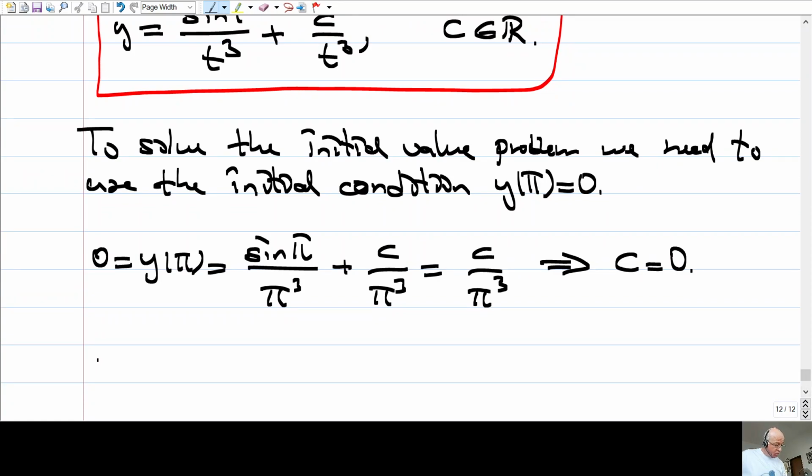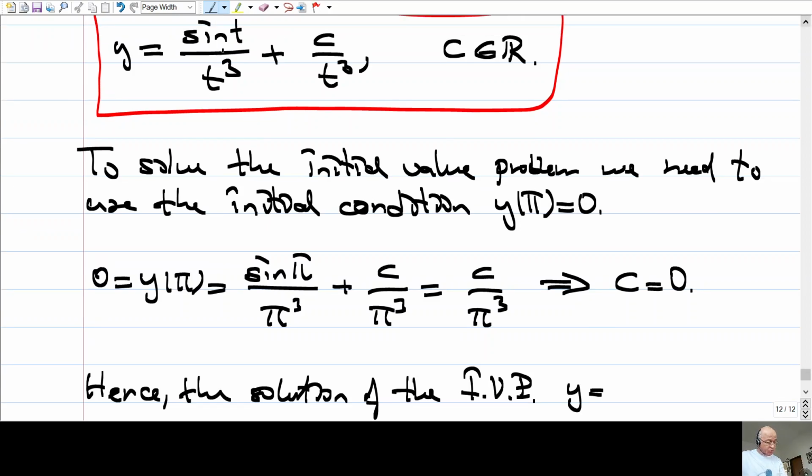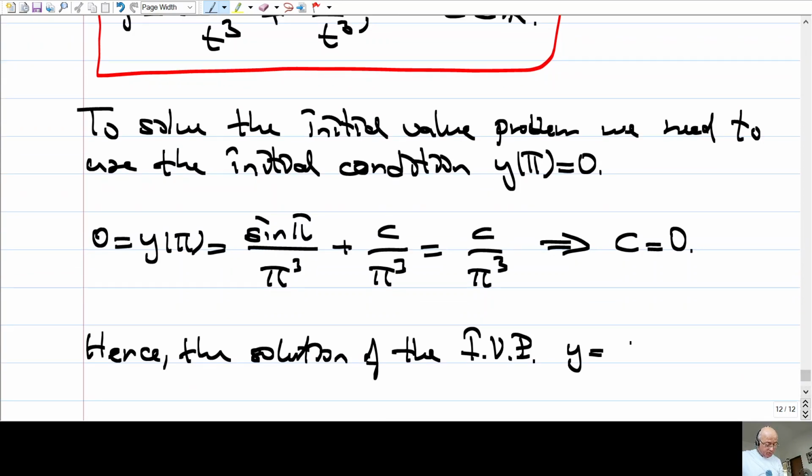Hence the solution of the initial value problem, IVP, is y equals, with c equal to 0, just sine t over t cubed. So what happened?